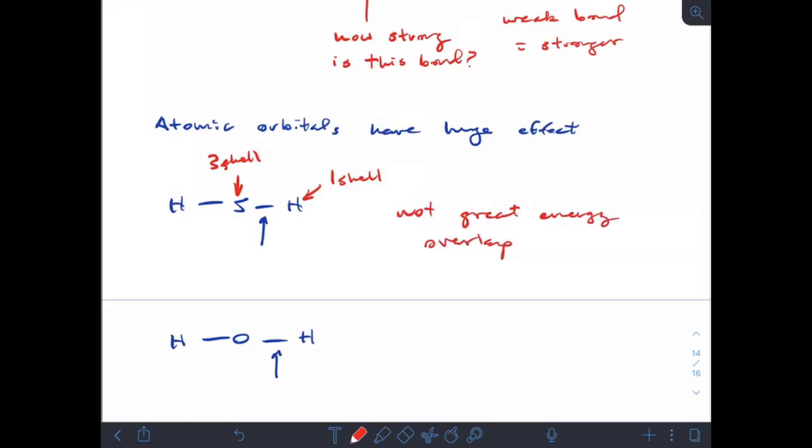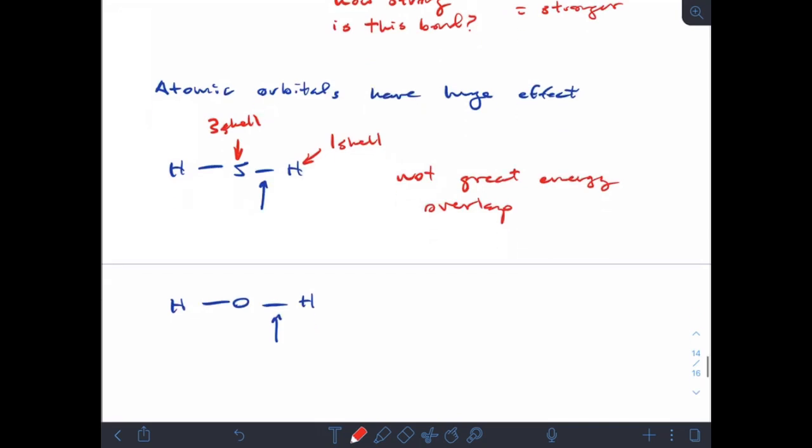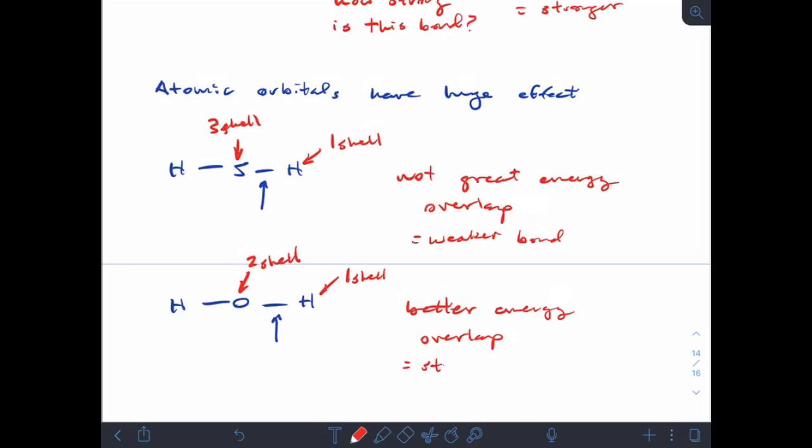Not a very good orbital overlap. But with my water molecule, oxygen is in the 2 shell versus a 1 shell, so we have better energy overlap. Not a great energy overlap will be a weaker bond. Better energy overlap will be a stronger bond.